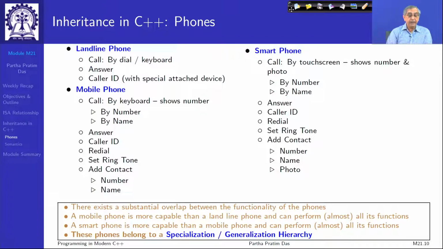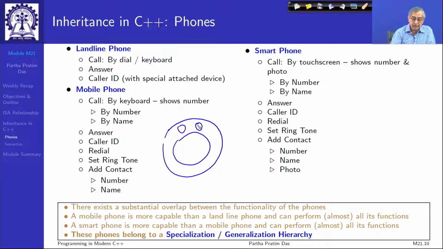Now, the call in a landline phone could be either through dials, which you all have seen. If you have not physically seen them, then please refer to some Bollywood movies of the 70s and 80s, where you will often see this kind of dialing. You have to rotate the dial.